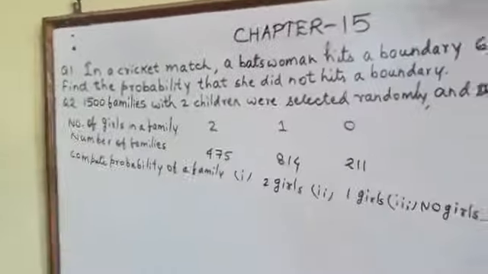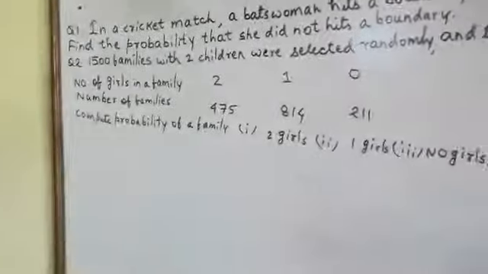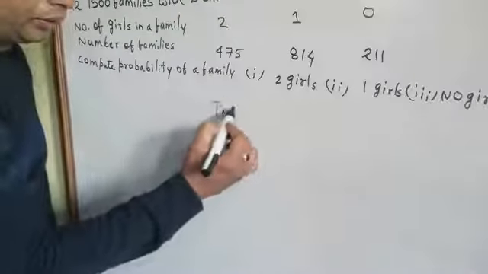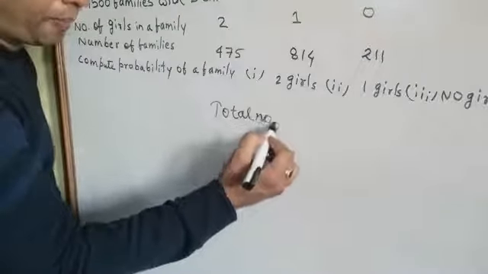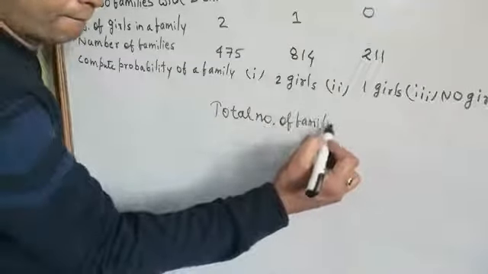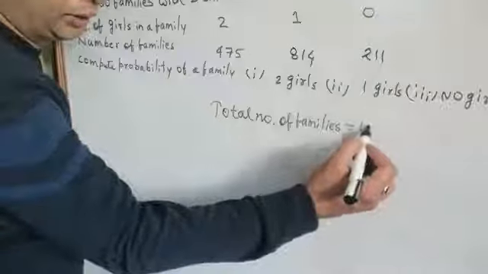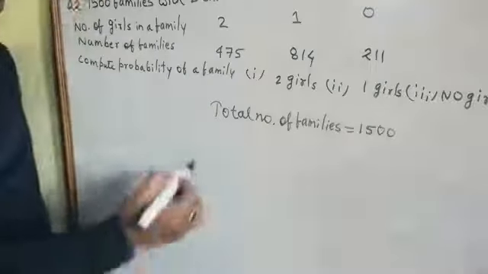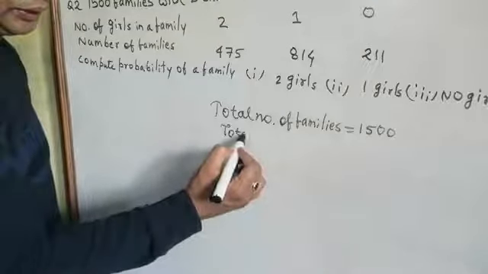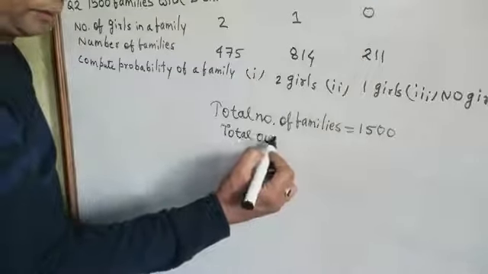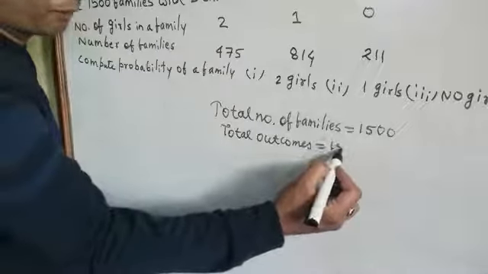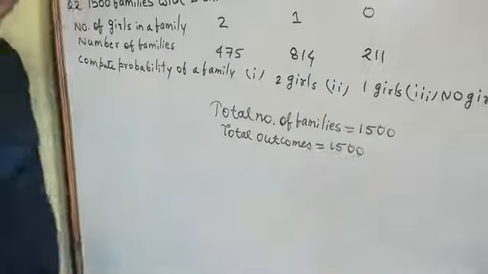So you can write the first step: the total number of families is 1,500. Total outcome will be 1,500.